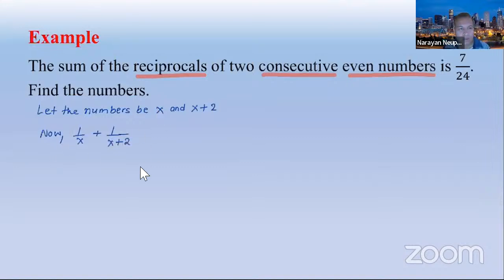The sum of the reciprocals is equal to 7 over 24. So you can see that we formed an equation here. With the help of the question, we are able to form an equation. Now we need to solve this equation.